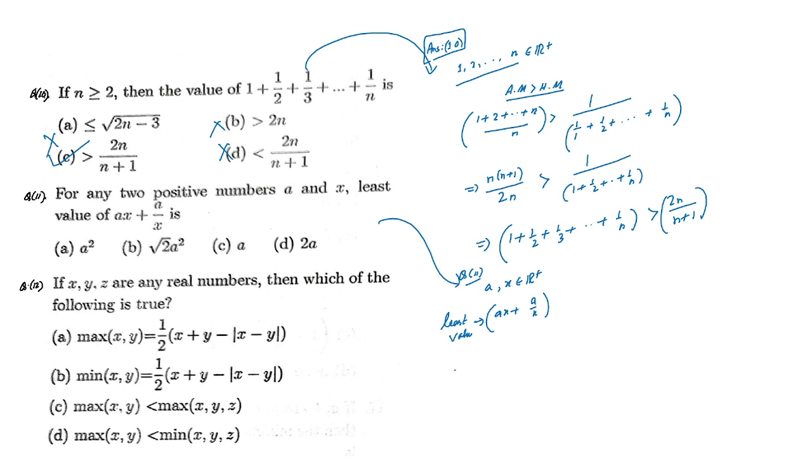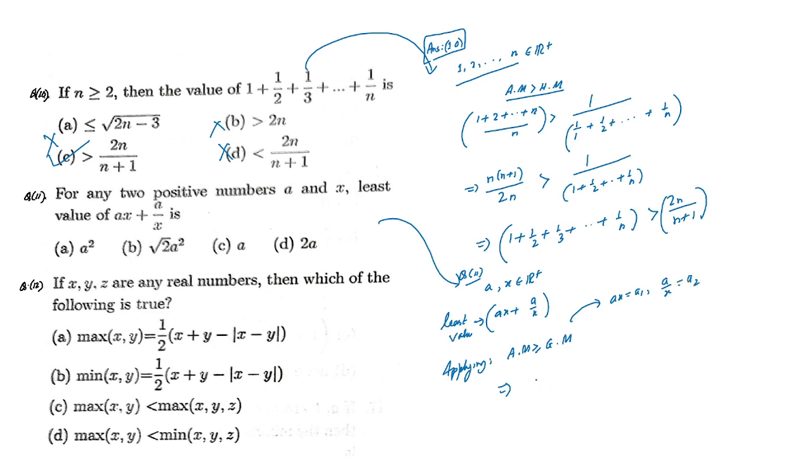So what we will do is apply AM greater than or equal to GM. Equality occurs when the two numbers are equal. Apply it on these two numbers: x, which you can consider a1, and a by x, which you consider a2.